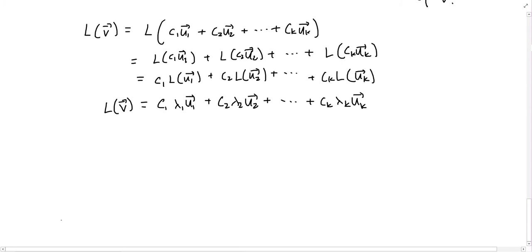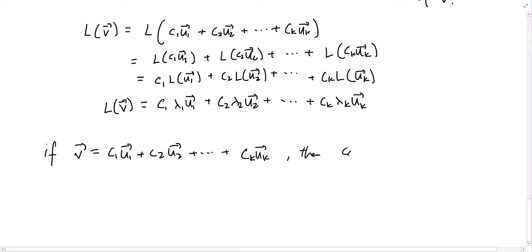Imagine the following. Remember, we have the coordinate vector also. So in this case, if vector v is equal to c1 u1 plus c2 u2 plus dot dot dot plus c sub k vector u sub k, then we basically have the coordinate vector c1, c2, dot dot dot, c sub k.